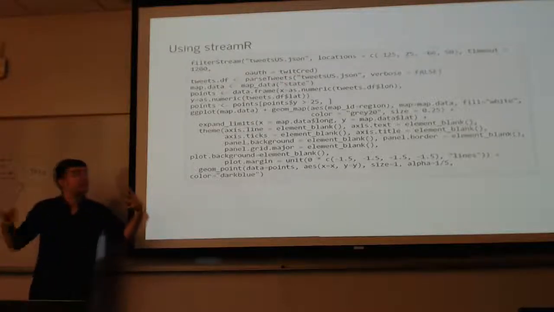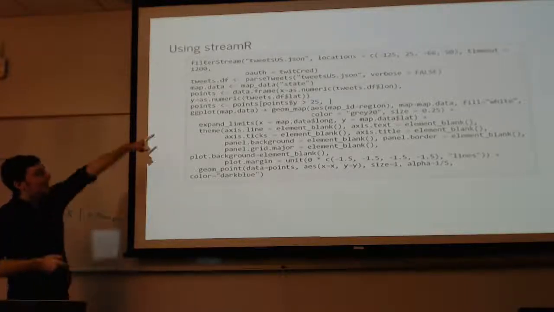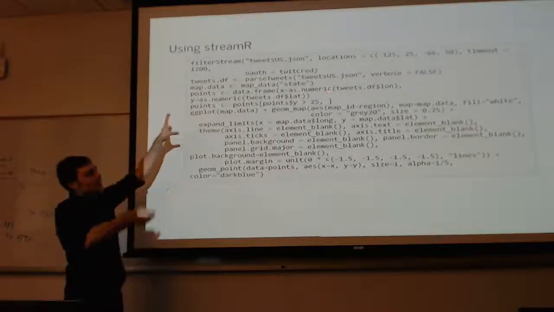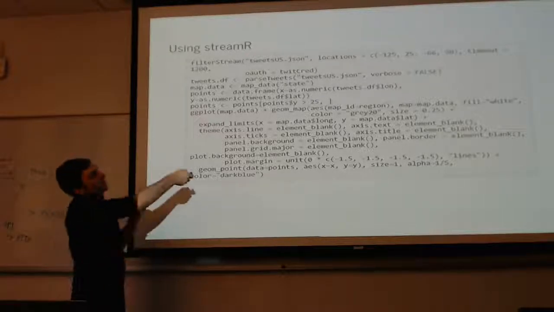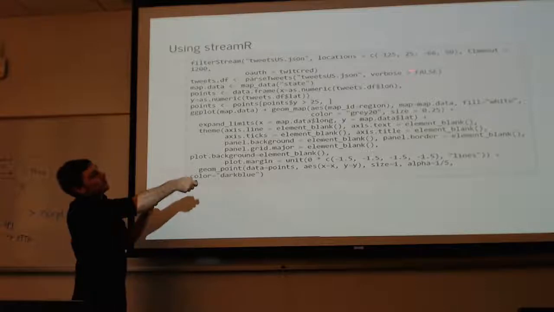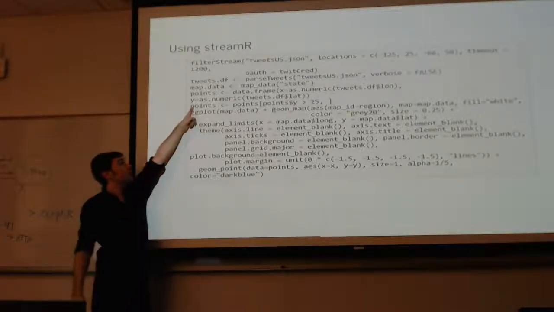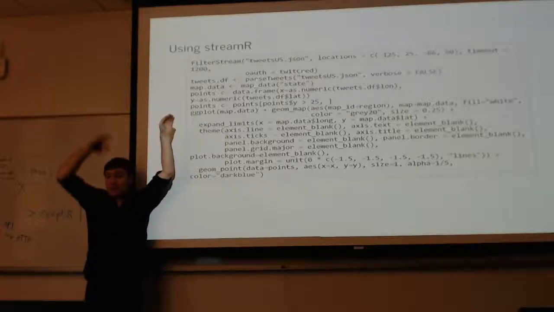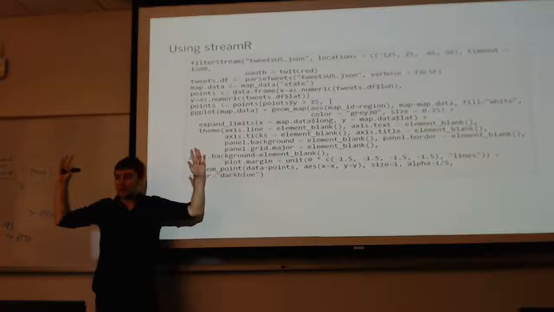Then I made a data frame where X was as.numeric, because by default the tweet data comes in as character, I believe, as.numeric of tweets.df longitude, and as.numeric of tweets.df latitude. Latitude is going to correspond to Y coordinates, up and down on my map. Longitude is going to correspond to my X coordinates, left and right.